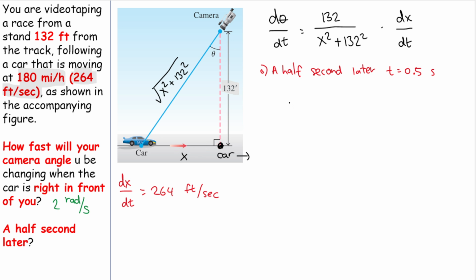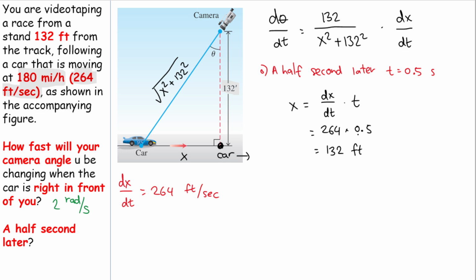So I will have x is equal to dx dt, which is the speed, multiplied by time. And our speed here is 264 multiplied by t, which is 0.5. And I will have 132. And the unit here is feet.